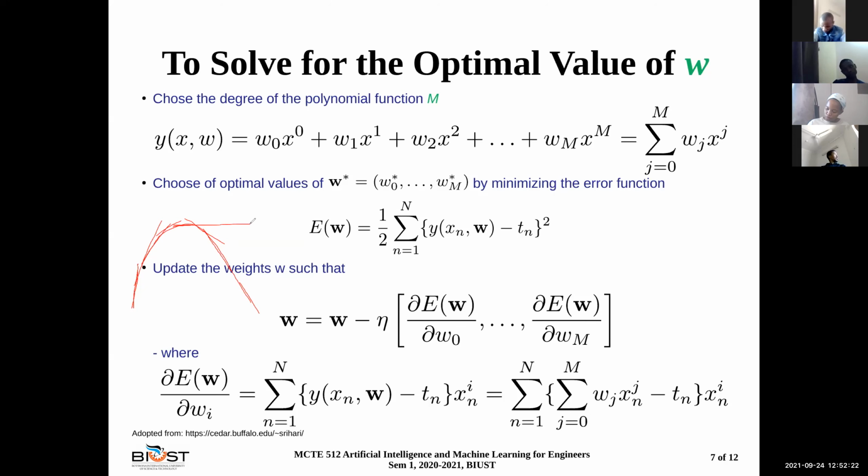So here the derivative will be approximately equal to 0. When the derivative becomes 0, it is a sign of something.